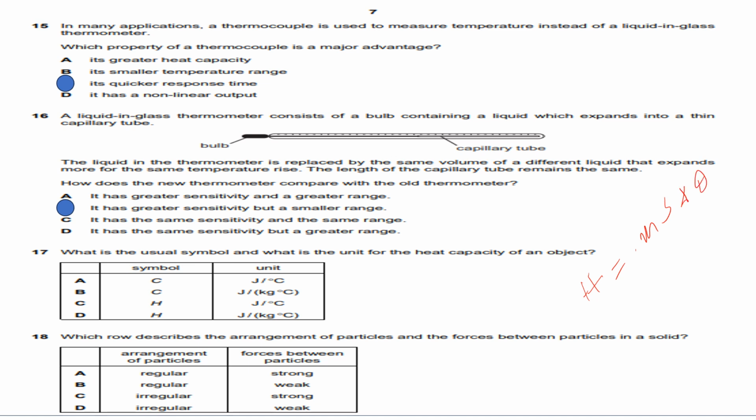Here the heat capacity is only per unit mass. Joule per degree Celsius. Heat capacity.